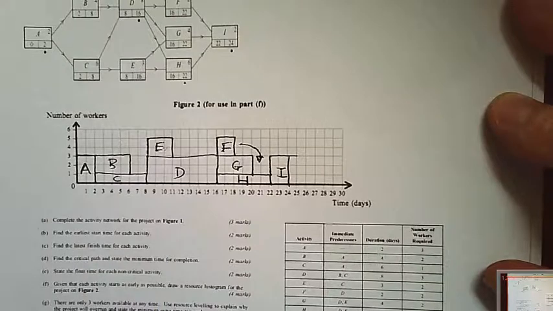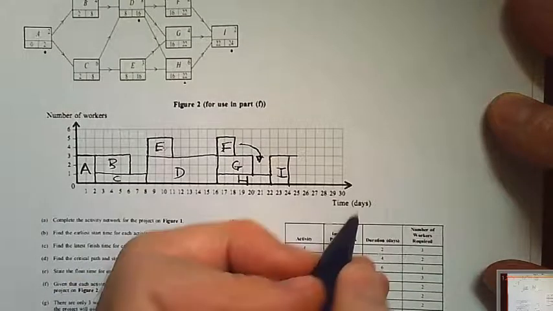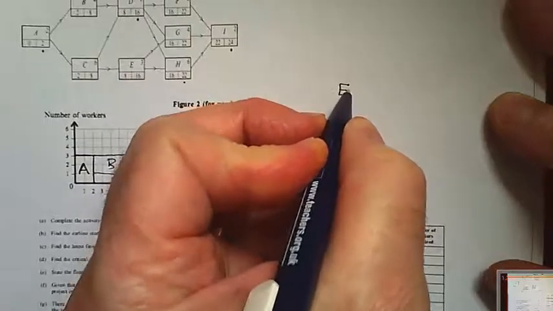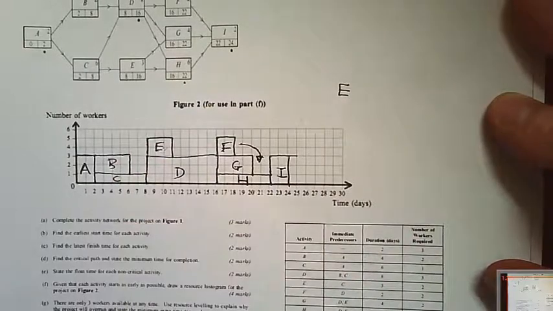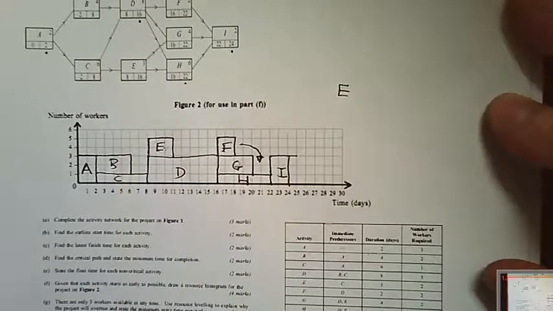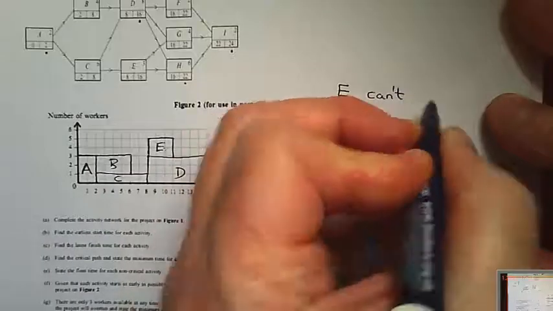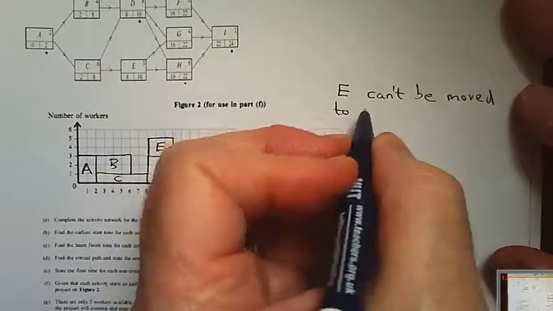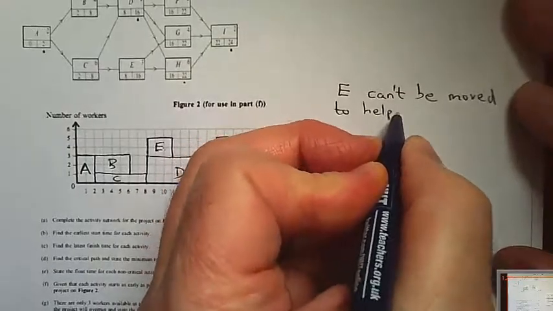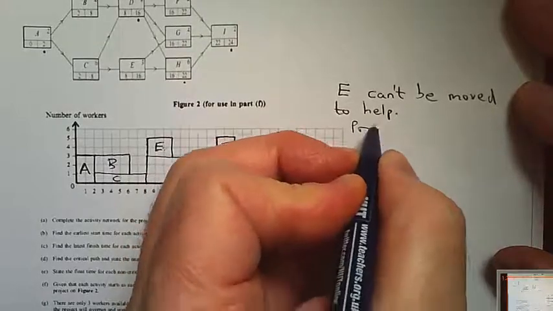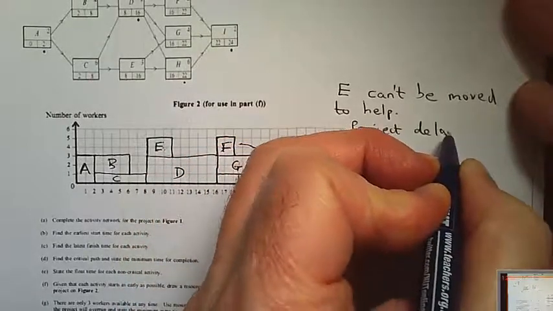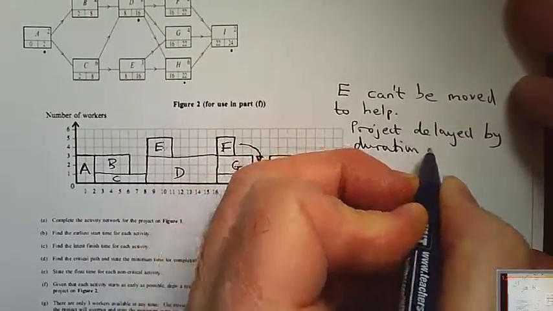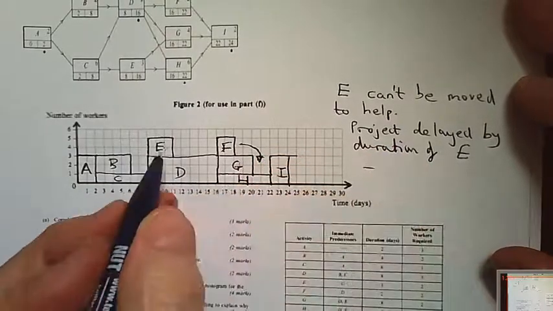So the explanation here is that E can't be moved to help. Project delayed by duration of E, which is 3 days.